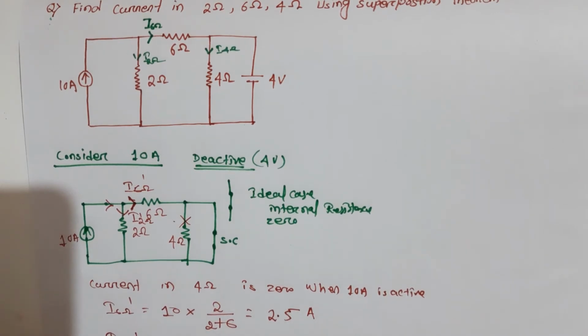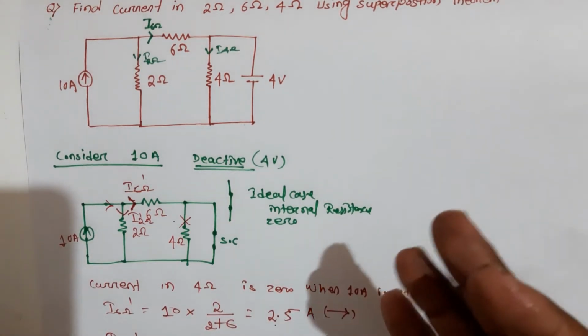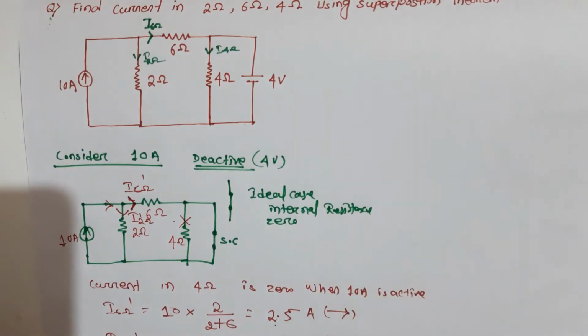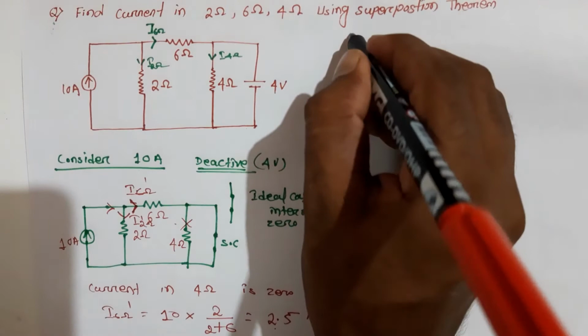First we found the current in the 4 ohm is 0, and I in 6 ohm is 2.5 in the left to right direction, and 7.5 in the downward direction. The direction is the most important thing, because when you take the algebraic sum there is a need for this direction.